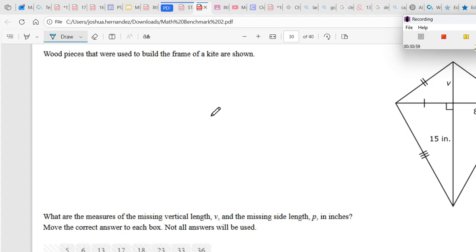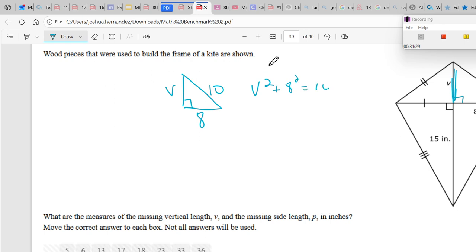Okay, so pieces of wood. What other measurements are missing, the vertical length B? We need to know this one here, and the missing side length of P. Oh, this is just the Pythagorean theorem. Either way you look at it, I'll do it in different colors. This top part right here is a right triangle with sides 8, 10, and B. So B squared plus 8 squared equals 10 squared.